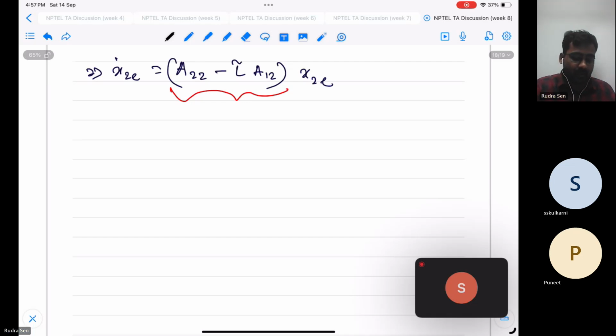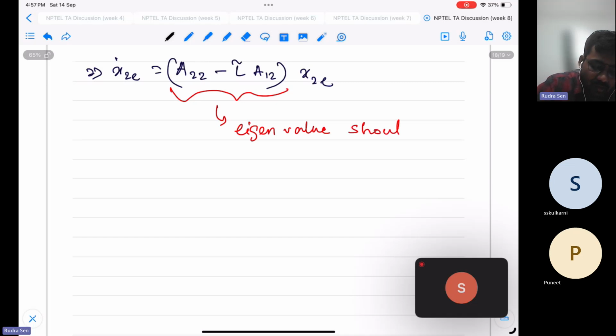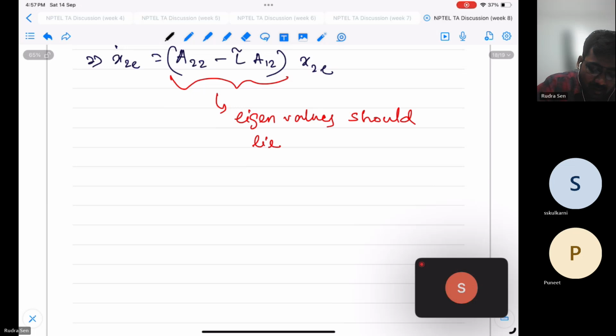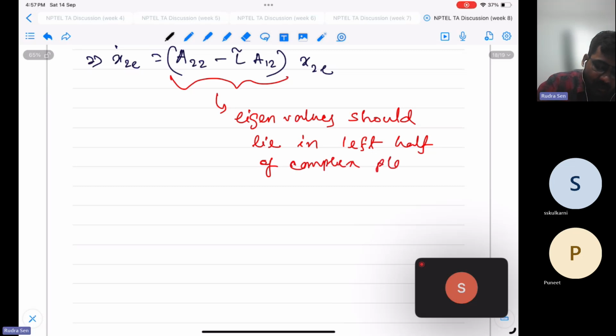The eigenvalues should lie in the left half of the complex plane. So this is all about today's discussion.